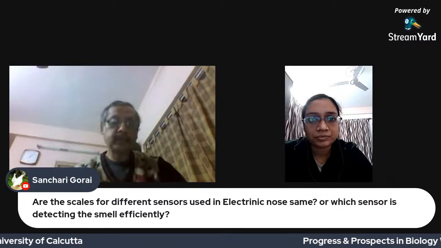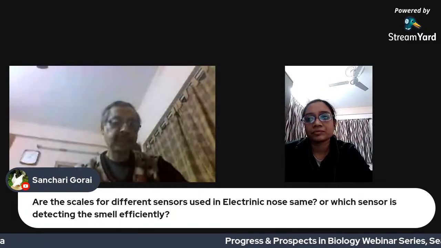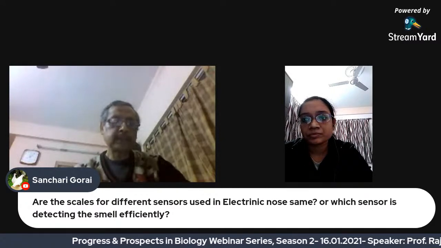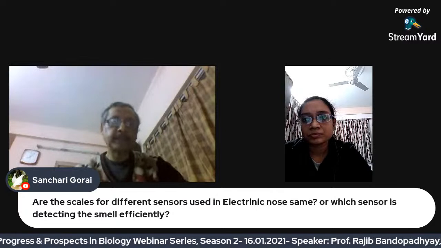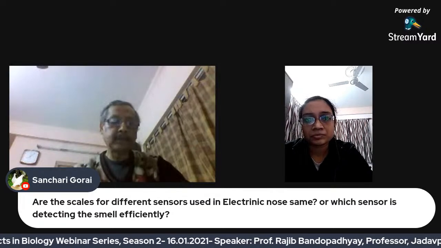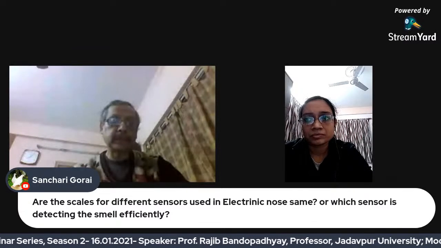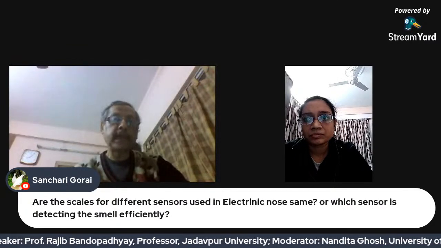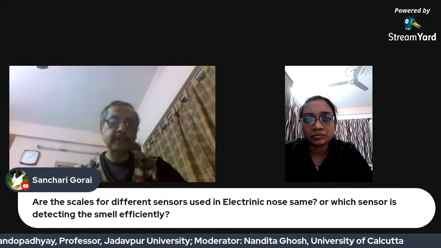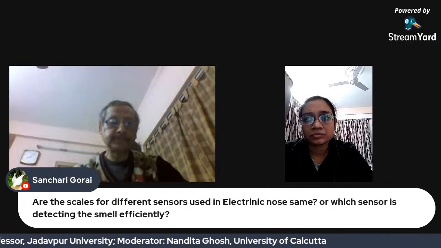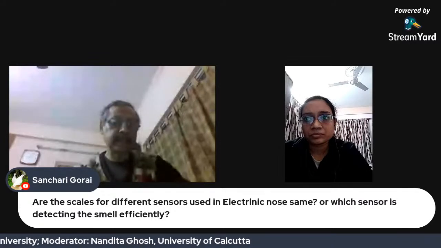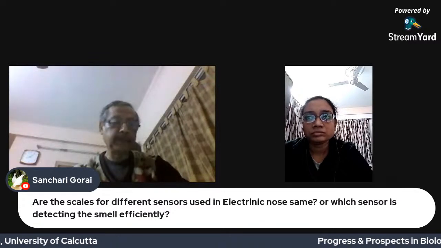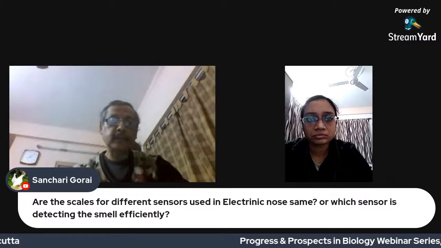No, they're definitely not the same, because even if you use these MOS sensors, the base resistance is different. When a particular sensor is heated to say 300 degrees centigrade, one sensor has a resistance of 1 megohm, another sensor has a resistance of 100 kilo ohms. So their scales are different, and we particularly found it more difficult when we tried to combine electronic nose with electronic tongue.